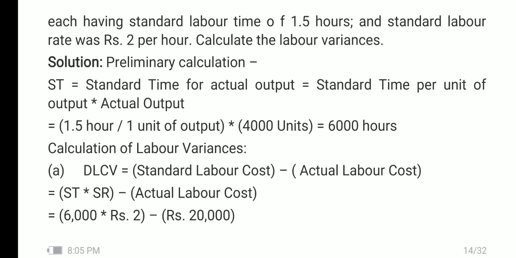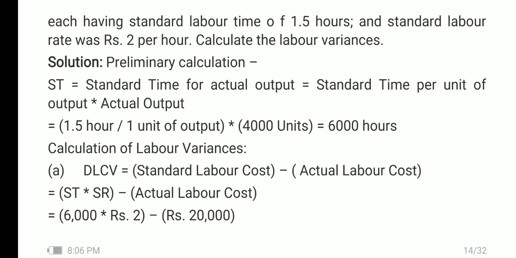Now, let us consider the calculation of labor variances. DLCV is equal to standard labor cost minus actual labor cost. Here standard labor cost we are required to compute, but actual labor cost is given in the problem, 20,000 rupees.